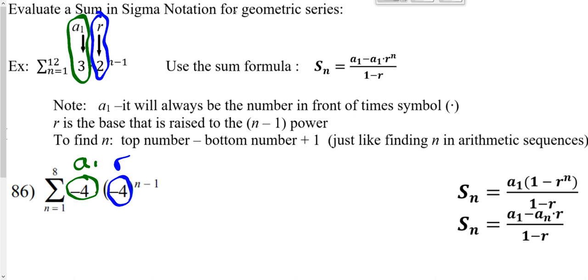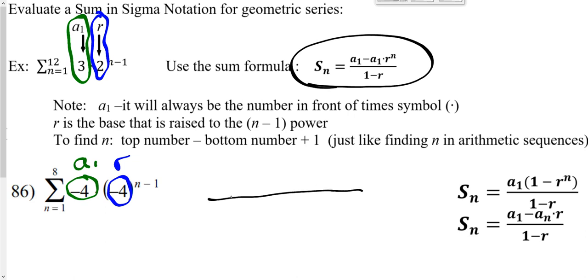So if we have our first term and we have R, I'm going to go ahead and use this formula here. Now, we had used the formula before where we had another set of parentheses. It does not make a difference which one you choose. They'll both work. So if you plug in your first term, negative 4, plug in your R being negative 4, n is the number of terms, which is typically your top number here.